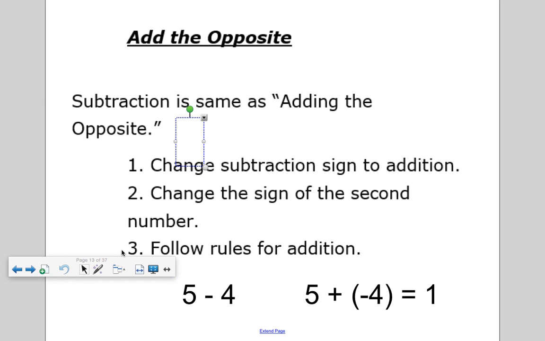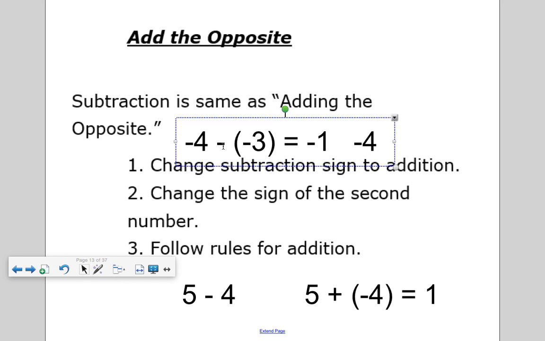Let's try another example. Let's do negative 4 take away negative 3. If I have 4 negatives, can I take away 3 negatives? Yes, I can. I am only left with 1 negative. Can I rewrite this subtraction as an addition expression?